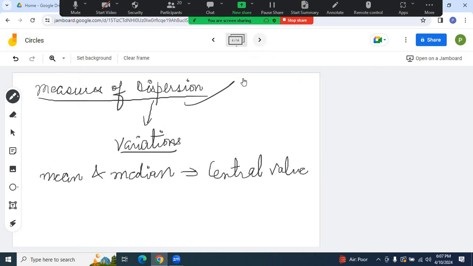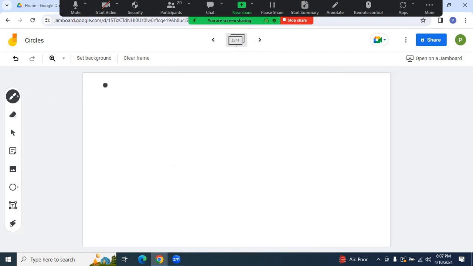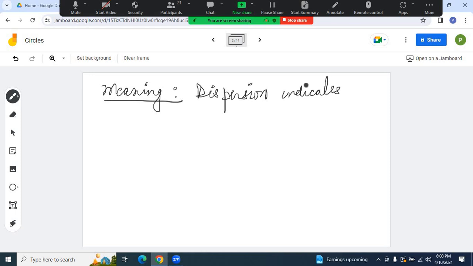So the meaning of dispersion: dispersion indicates the variability, the variations of the observations.